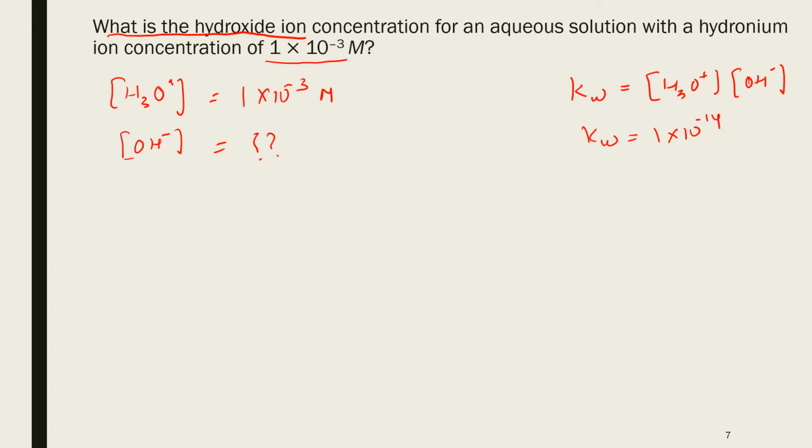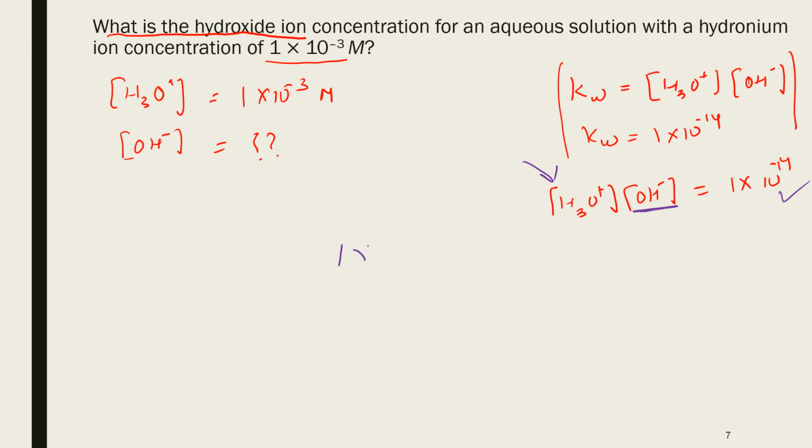So therefore, from these two, we can say that H3O positive multiplied by hydroxide ion concentration is equal to 1 times 10 to the negative 14. So now we know the value of H3O positive. This is a constant value. So if we plug in the value of H3O positive, it is possible to calculate the hydroxide concentration. So let's plug in the value.